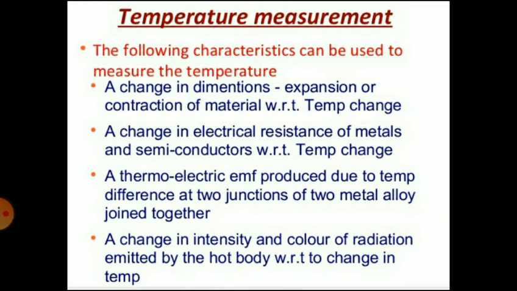Then next is thermoelectric EMF produced due to temperature difference at two junctions of two metal alloys joined together. And next is a change in intensity and color of radiation emitted by a hot body with respect to change in temperature, which can be measured. So these are all the categories of temperature measurement.